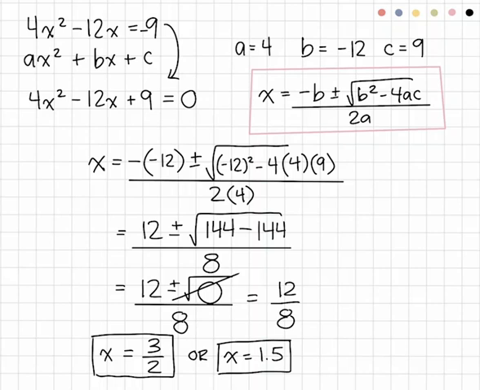So that one value for x gives you the x coordinate of the vertex. It also tells you the axis of symmetry is x equals 1.5, right? The x-coordinate of the vertex is x equals 1.5.